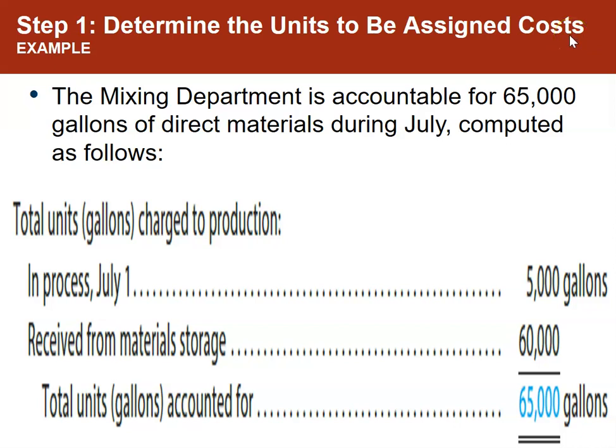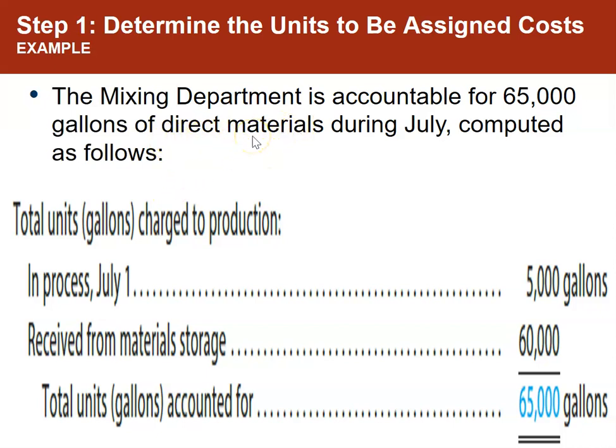All right, so you really need to pay attention here. It says the mixing department is accountable for 65,000 gallons of direct materials during July, computed as follows. Now, before we go any further, I want to direct your attention right here.